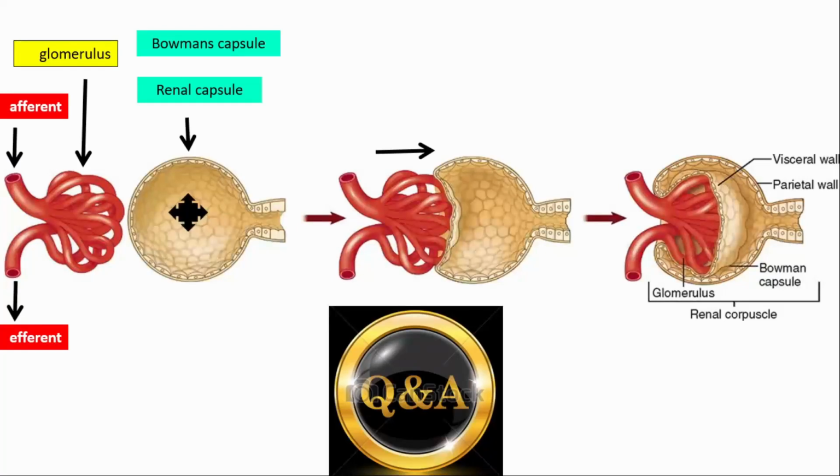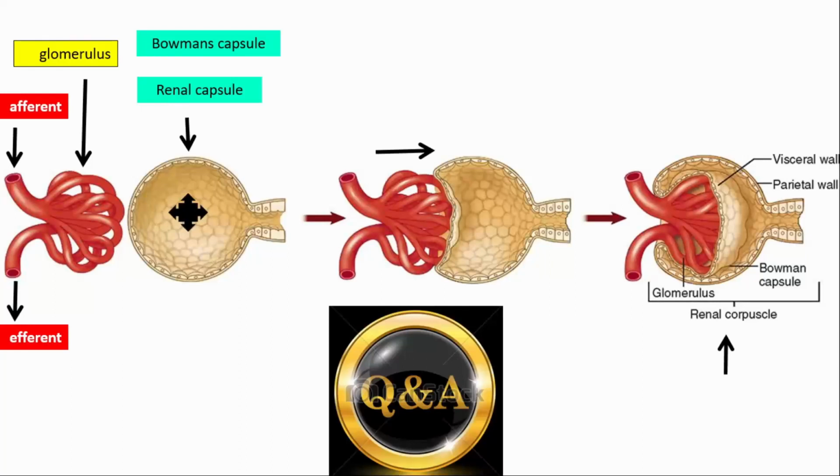invaginates the pericardium and the lungs invaginate into the pleural cavity. The glomerulus is going to invaginate the renal capsule, and then when it gets into the invagination into the renal capsule, it becomes renal corpuscle.